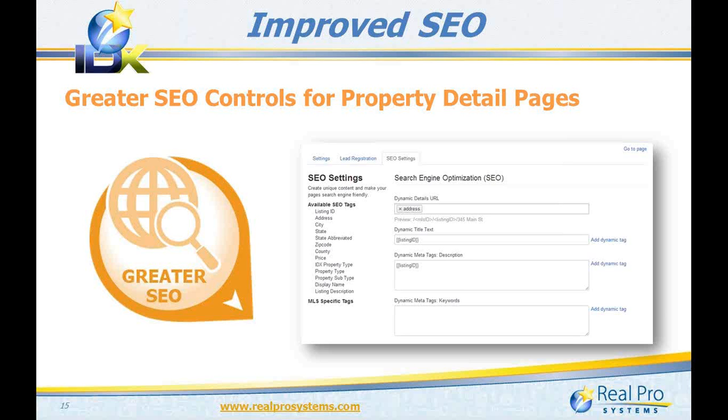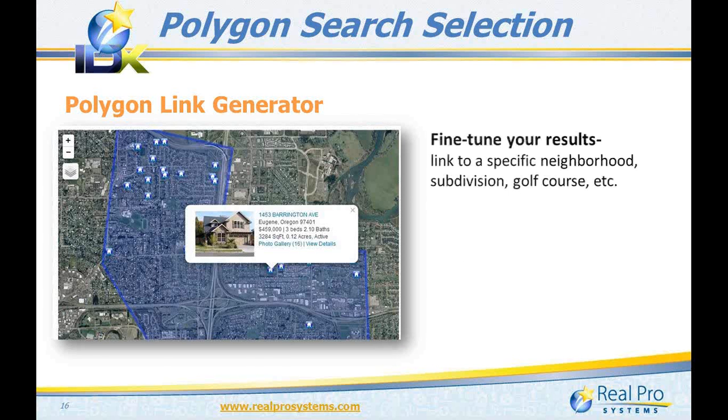IDX also has a tool for polygon search page generation, and this allows you to create a search page that's customized to an area based on its geography. So you can use any polygon shape to feature an area that you'd like, and that may not be specifically defined by the MLS.